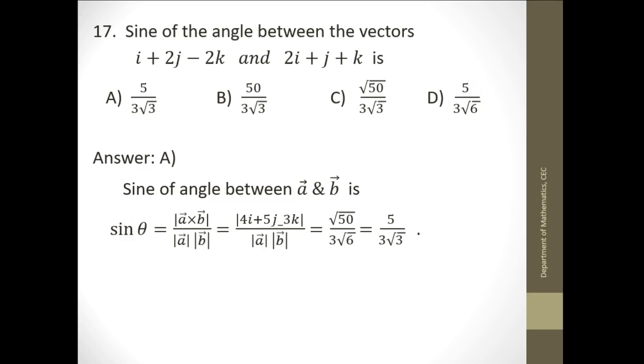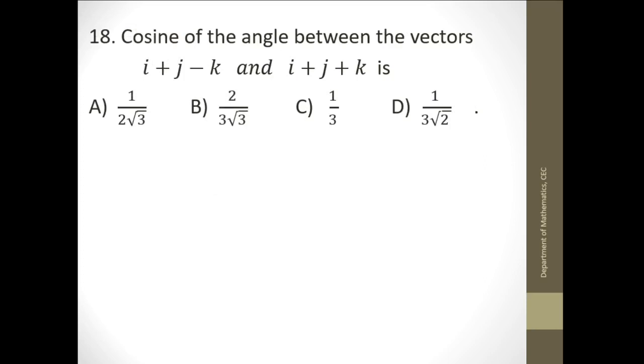Magnitude of A is square root of 1 plus 4 plus 4, that is 9. Square root of 9 is 3. And magnitude of B is square root of 4 plus 1 plus 1, that is 6. So 3 root 6. Root 50 means 25 into 2, that means 5 root 2. Denominator root 6 means root 2 into root 3. Cancel root 2. So 5 by 3 root 3. Therefore answer is A.